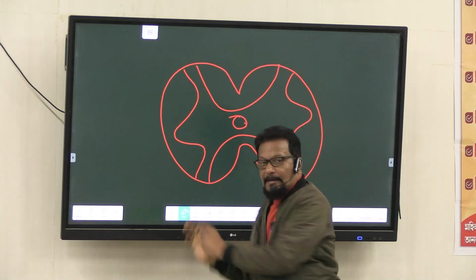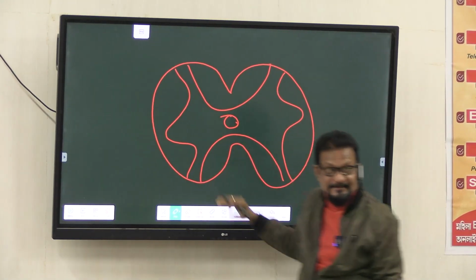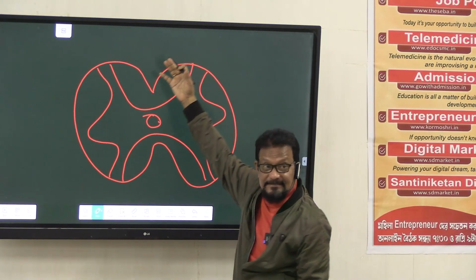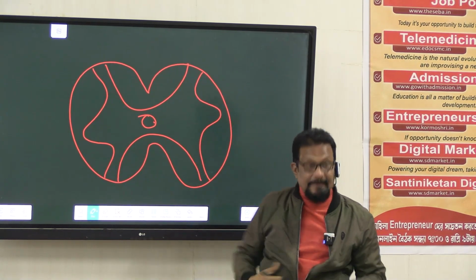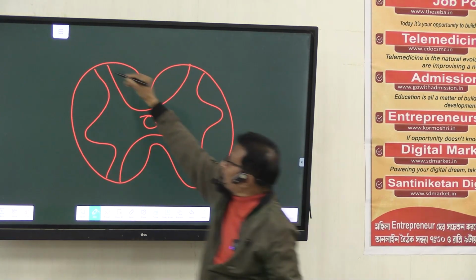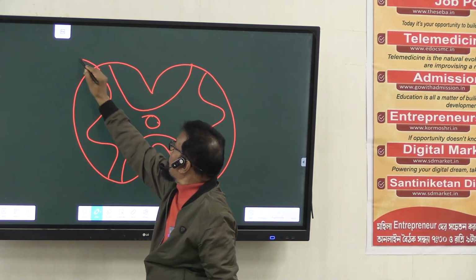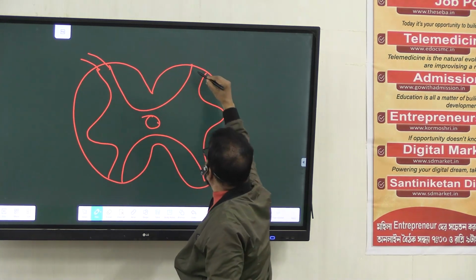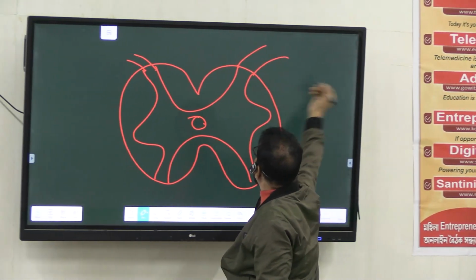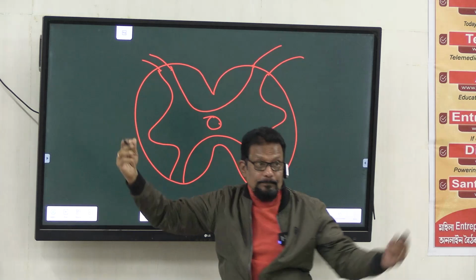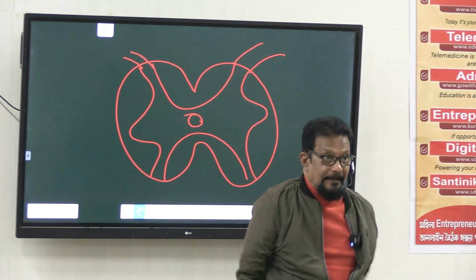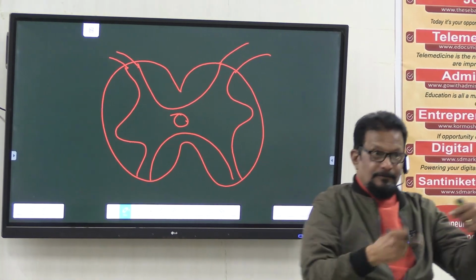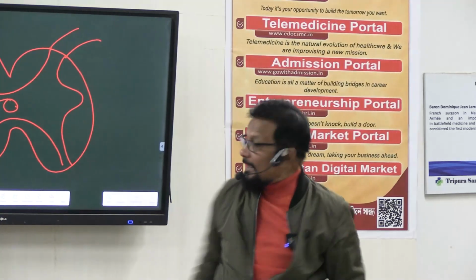This is the section of the spinal cord. This is the back side, this is the anterior side. This is the ventral side, this is the anterior side. So there are two roots. Posterior root: all the nerve fibers from the periphery enter the spinal cord through the posterior roots.